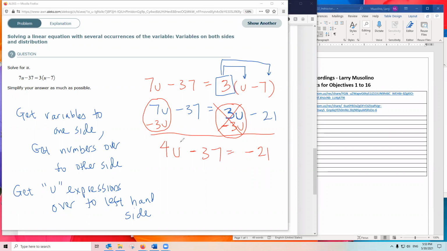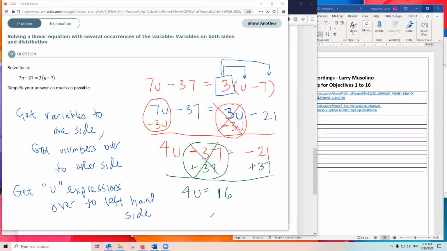All right, well, now I still want to get u by itself. Well, to do that, let me first get rid of the subtraction of 37. So I'm going to add 37 to both sides of the equation, because that'll cancel out this subtraction. That's going to leave me 4u equals, I think that's 16 on the right-hand side.